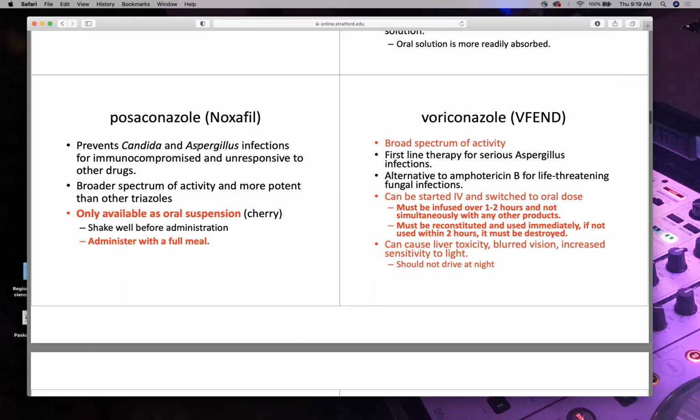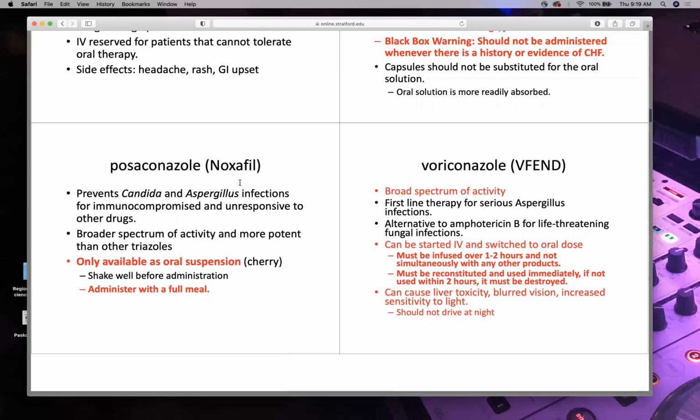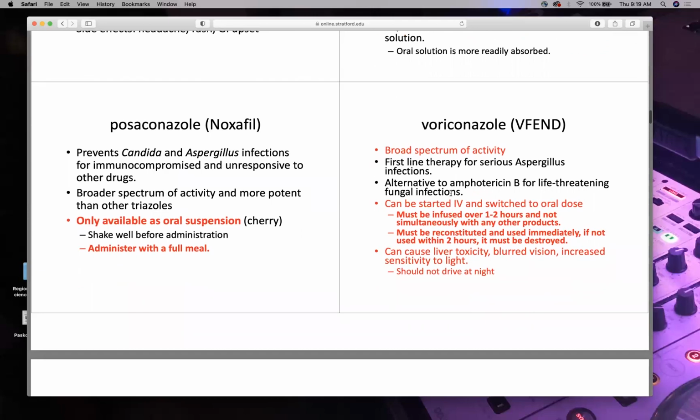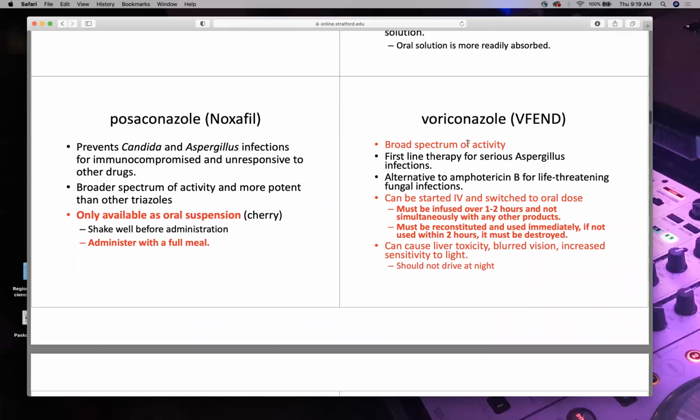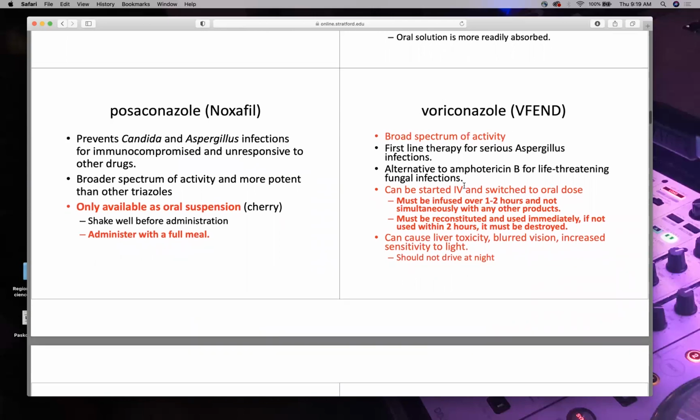But even though I had a ton of HIV patients, I don't use this. Aspergillus is another kind of infection, and voriconazole, I haven't used this much, and apparently it can be used IV.